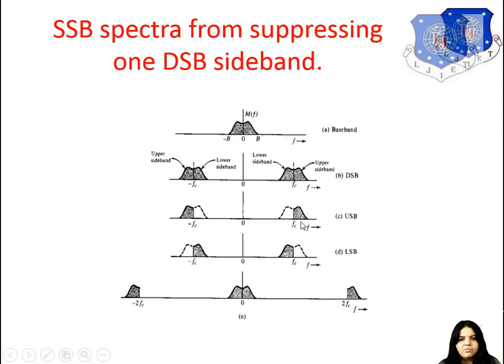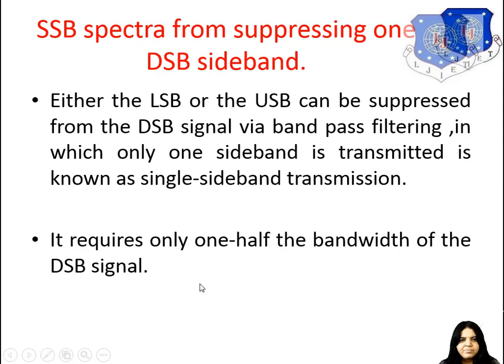Now here, what we need to do is multiply by cos ωct, and we can shift the spectrum. Here also the spectrum can be shifted, and over here you can see the other part can be shifted, so we have one component on both sides.